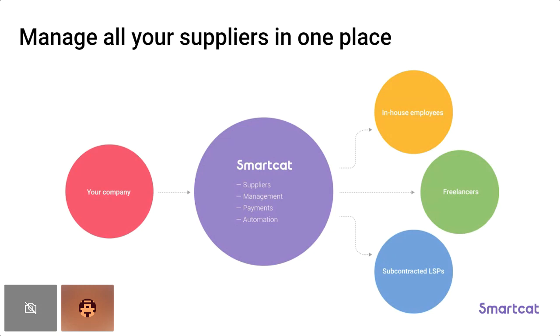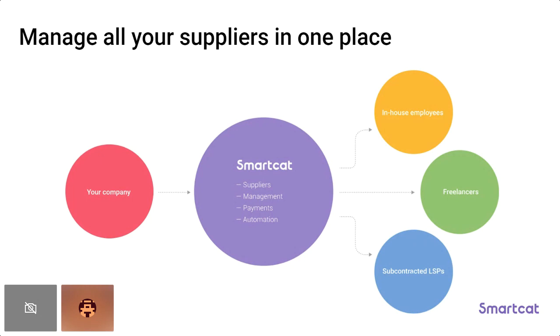Everybody is just grouped in one application. And also Smartcat provides automation for a lot of the repetitive tasks. So if you've been in this business for a while, you know that, for example, your project managers spend a lot of time creating projects, assigning tasks, communicating and collaborating with the freelancers. Smartcat takes away a lot of those repetitive tasks. It's really one of the advantages of the application.